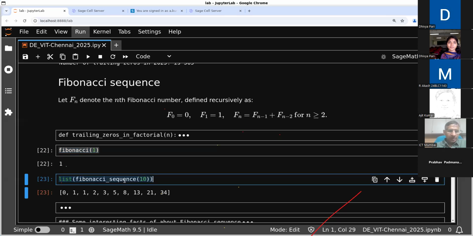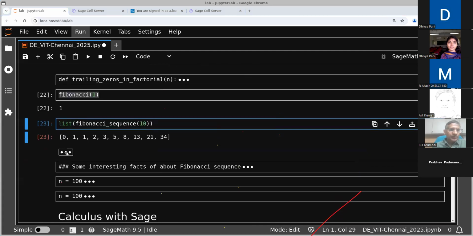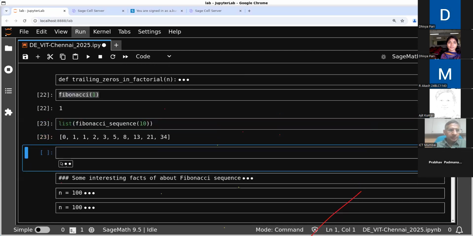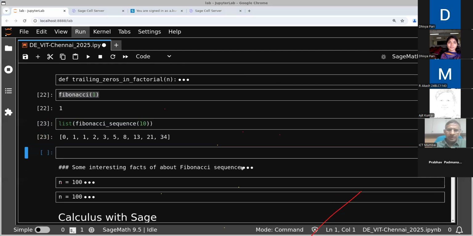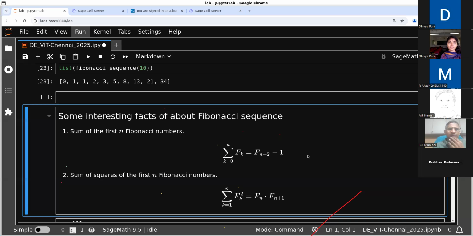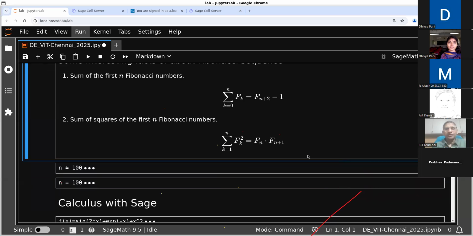Similarly, let us look at one or two facts about the Fibonacci sequence. Fibonacci sequence, by the way, is a very important sequence.